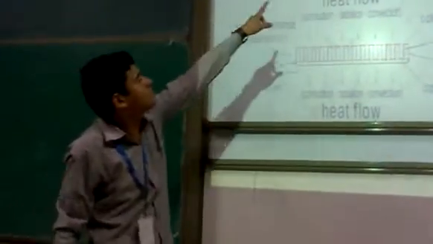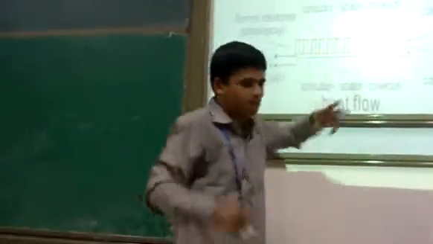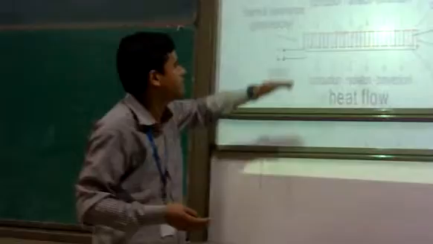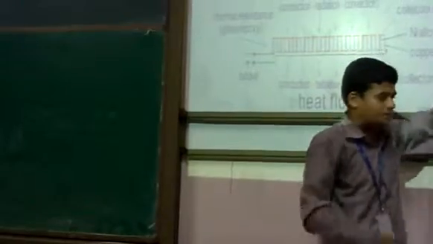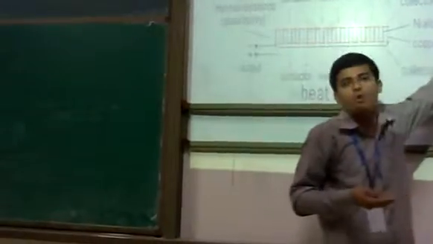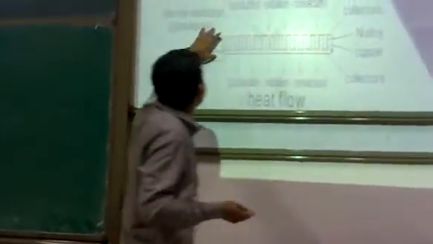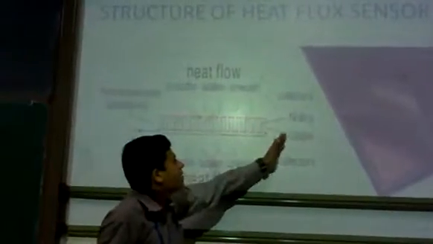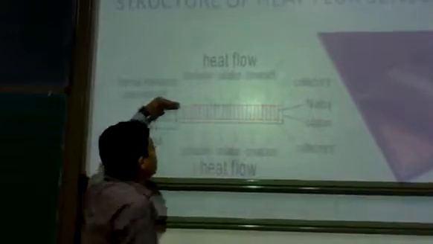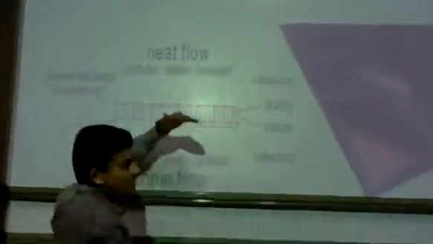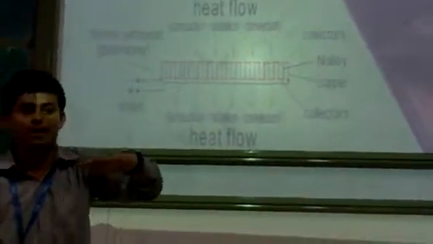Next, this is the structure of the heat flux sensor. The sensor has two plates which are fully finished with pure copper. In this, nickel alloy and copper alloy are placed one by one, and above the plates there are collectors. The collectors are the thermopile.